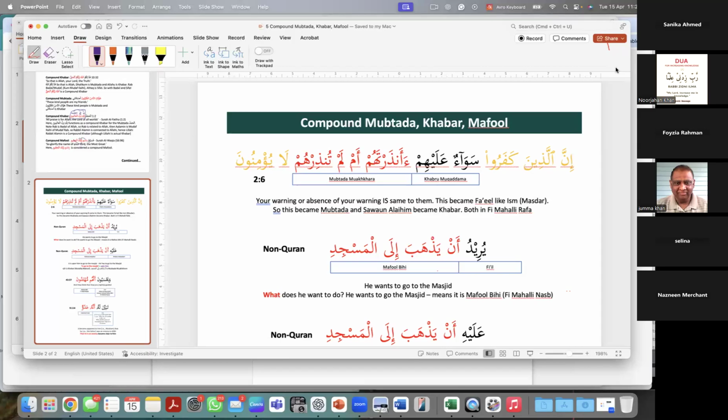Ustad, the Hamza with fatha in front of أنذرتهم, is it the questioning Hamza? Yes, very good question. When ismul istifham comes like this and then there is another Hamza, the Hamza will come in the middle like this.